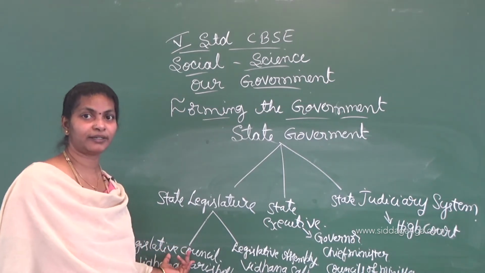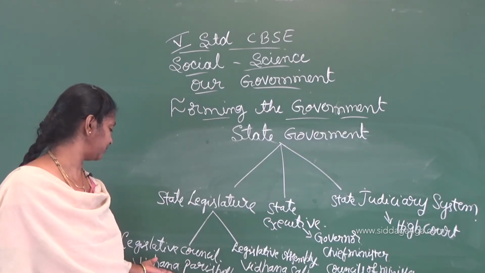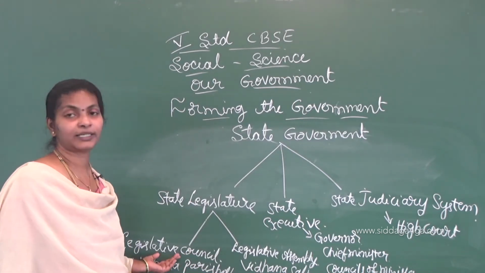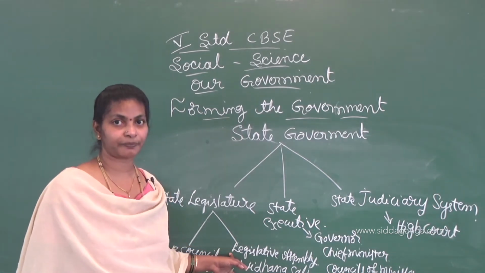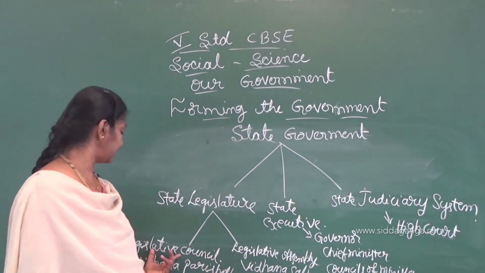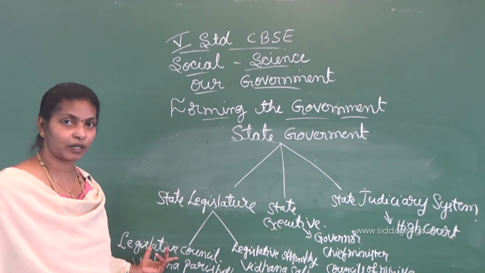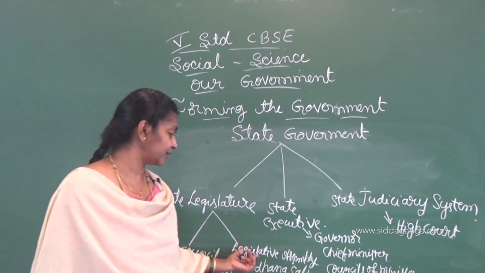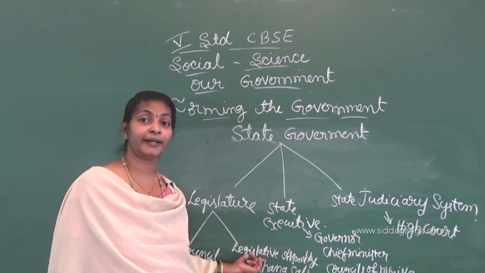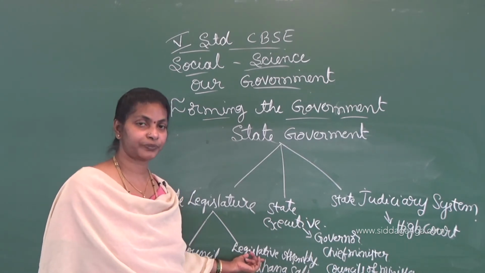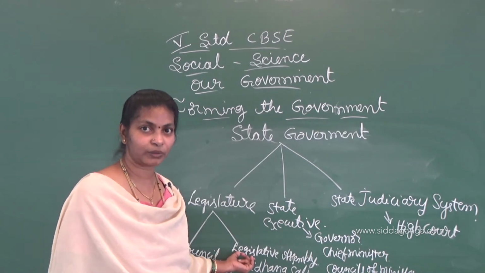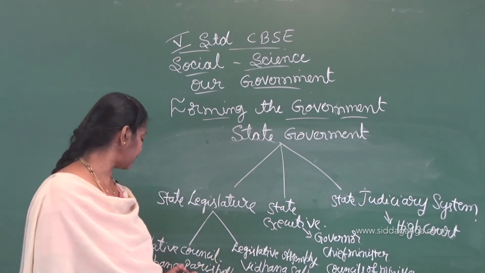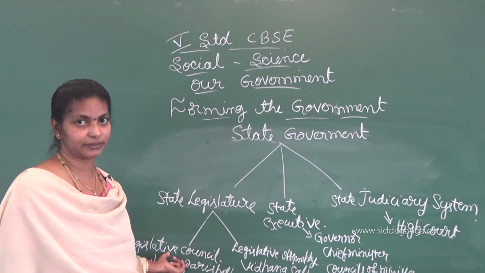The others have only the Legislative Assembly. The Legislative Council is the upper house, and the Legislative Assembly is the lower and powerful house. All the states have the Legislative Assembly, but only some states have the Legislative Council.